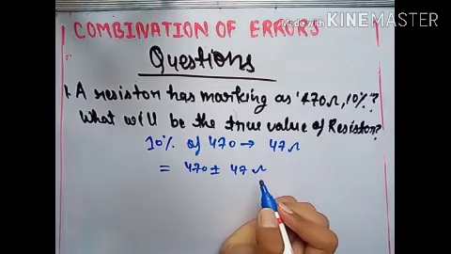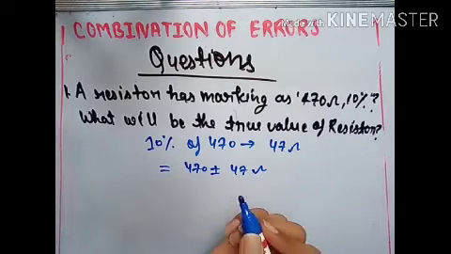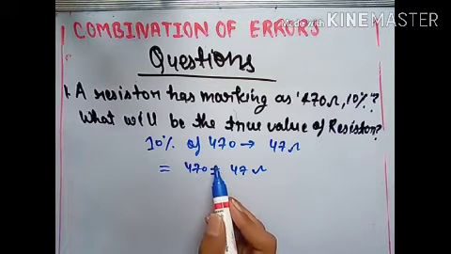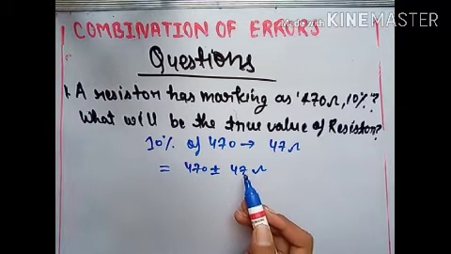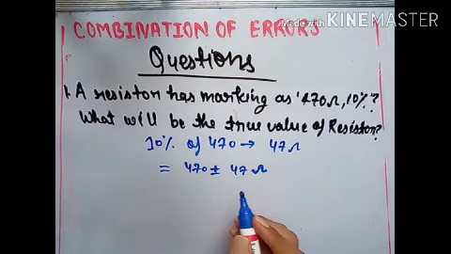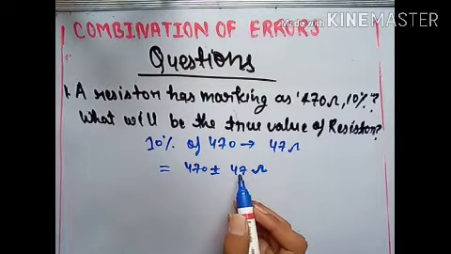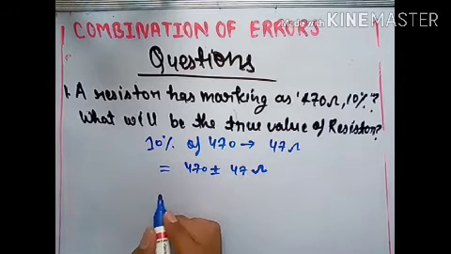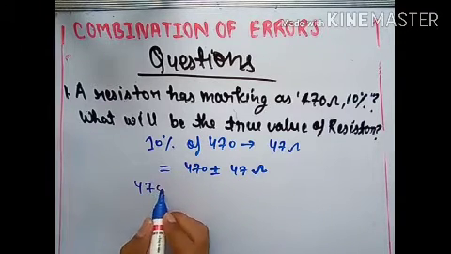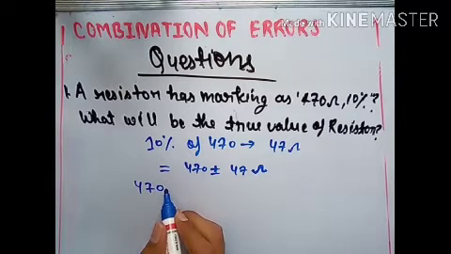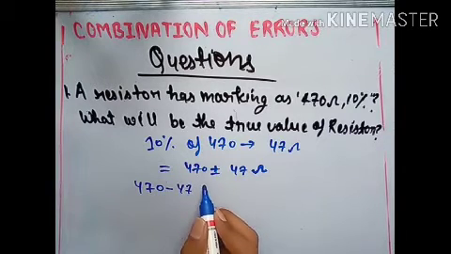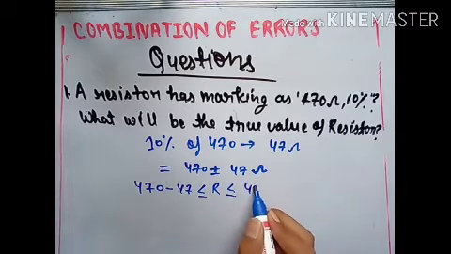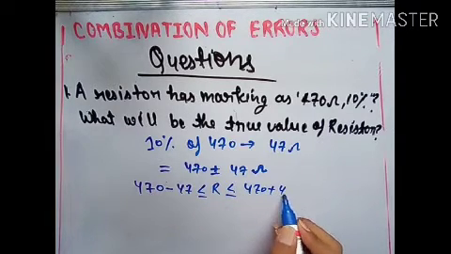ohm. Now this value will be plus minus 47 ohm. Now subtract this value and add this value. The resistor will be in between these two values. So subtract it. 470 minus 47, and then thereafter 470 plus 47.